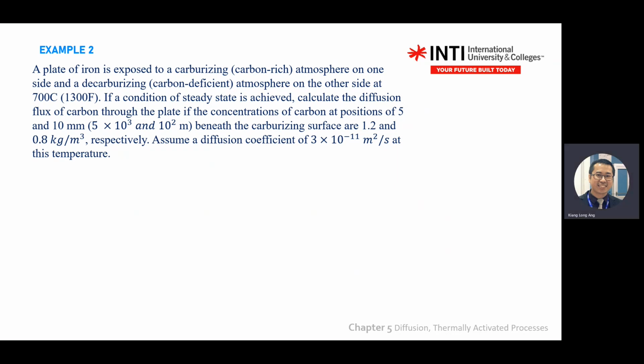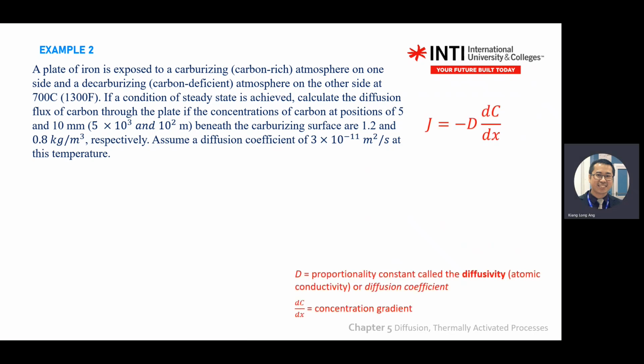Temperature is given in Celsius and Fahrenheit. What else? Carbon concentration is given, so carbon at positions of 5 and 10 mm is so and so. So you have two concentrations at different locations. The carbon concentrations are 1.2 and so on, respectively. Assume a diffusion coefficient of 3 point something.